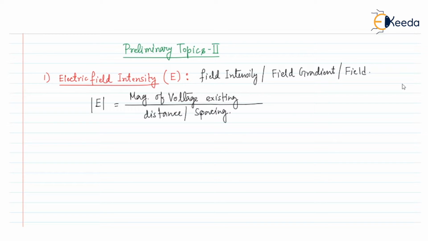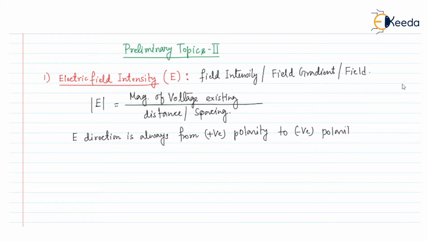Now the important thing is that the field always means the electric field direction. The E direction is always from the positive charge or positive polarity to negative polarity.